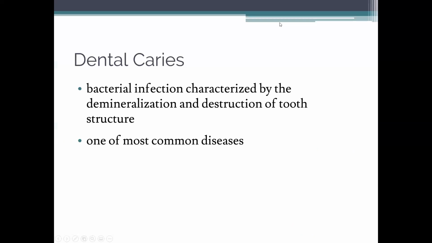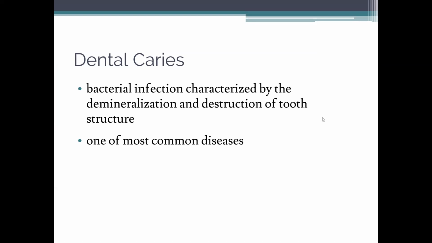All right. So dental caries. Dental caries is probably the most common disease. We don't consider it a disease, but it actually is a disease process. You have to have certain characteristics for it to occur. All right. The main thing we look at is that it's a bacterial infection.